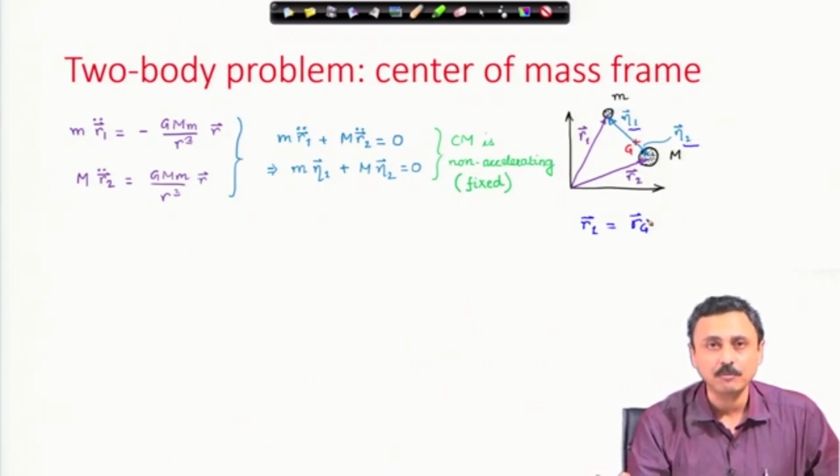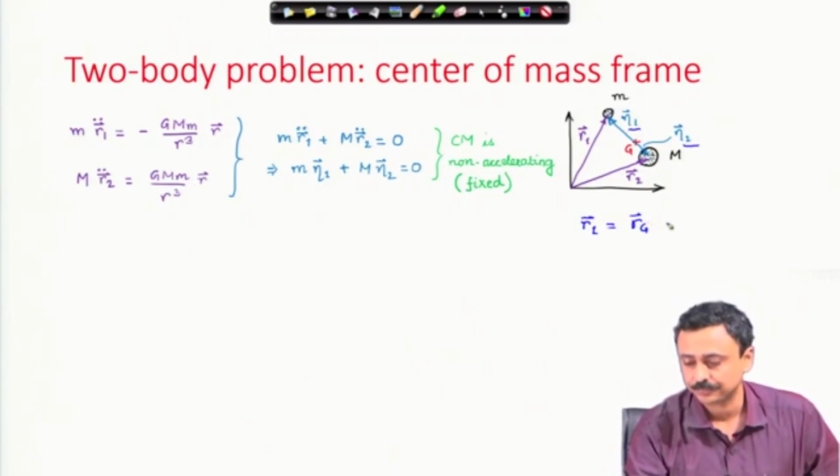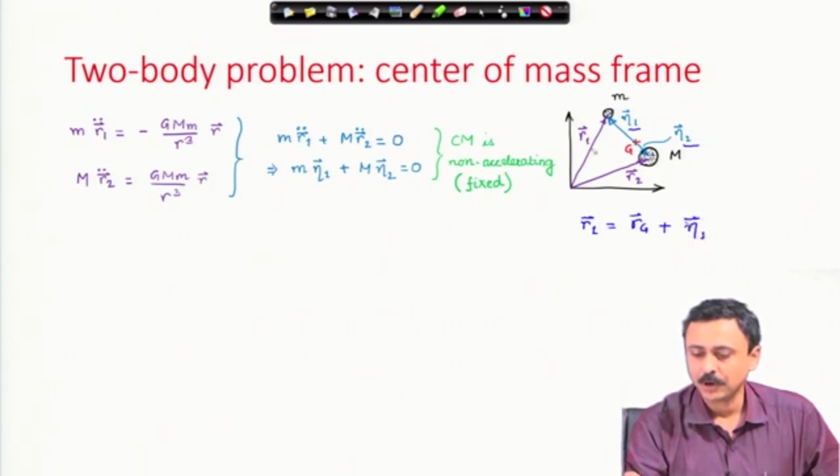Remember that in the center of mass frame this R G vector is fixed, it is constant. Similarly, R2 vector is R G vector plus eta 2 vector.